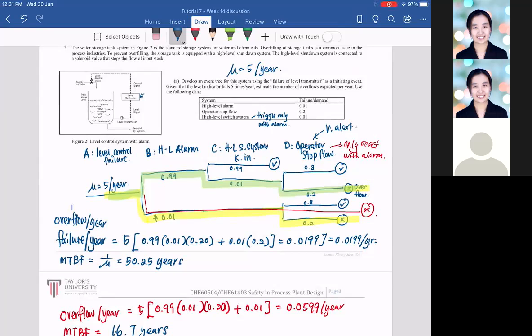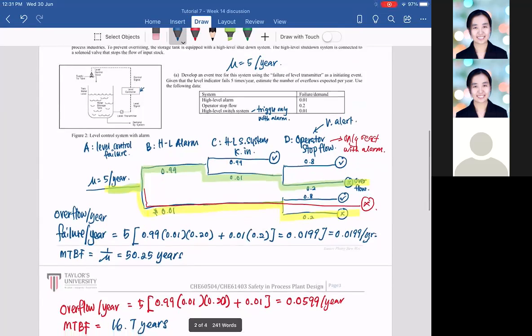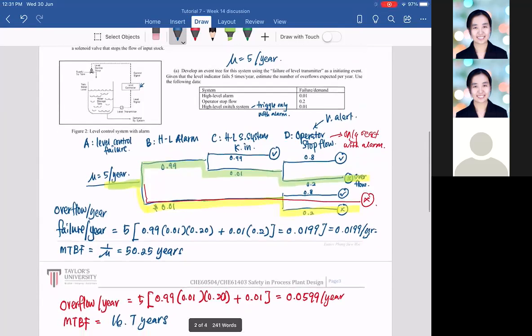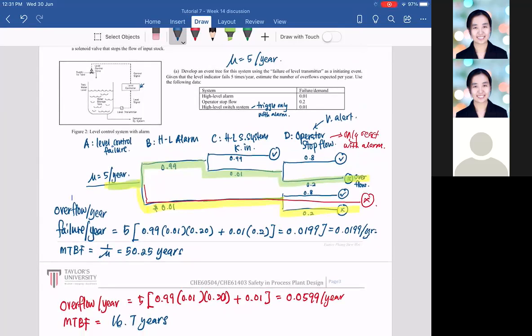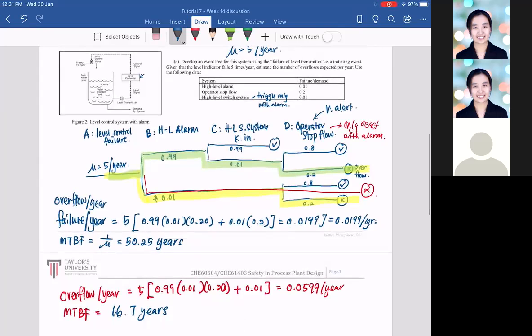Then we might experience explosions, acid burns or contaminations, etc. So even for simple things like overflowing, looking at the control system, is that sufficient? Is that too low? Is that too high? Is this mean time between failure acceptable? Especially for chemical process plants, it is very important.